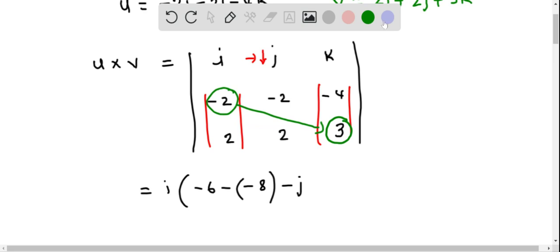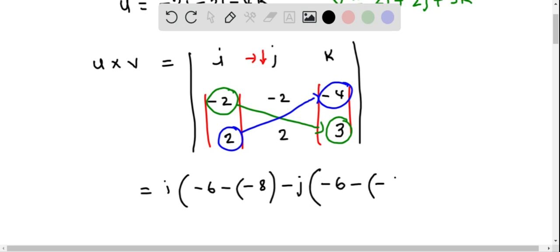This is one product of the diagonal, and then the other diagonal is this one. The elements are 2 and -4. So let's do that. So -2 times 3 is -6. We put negative, and then 2 times -4 is -8, and then we close it.